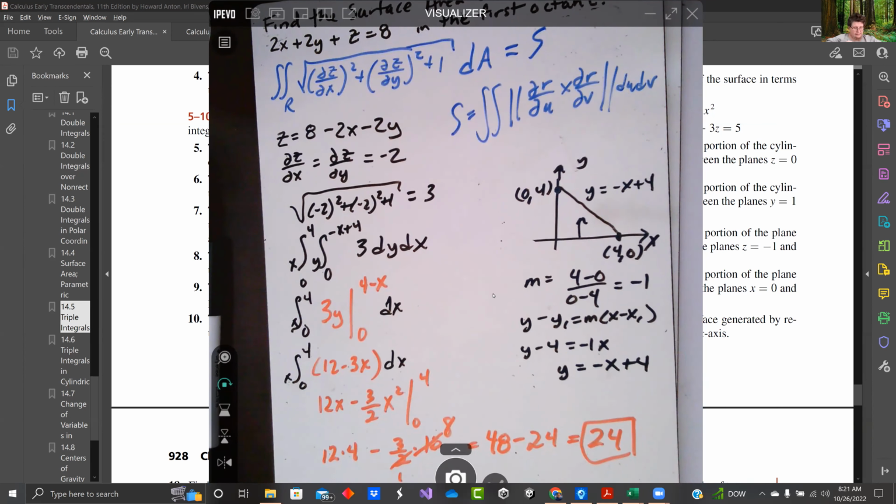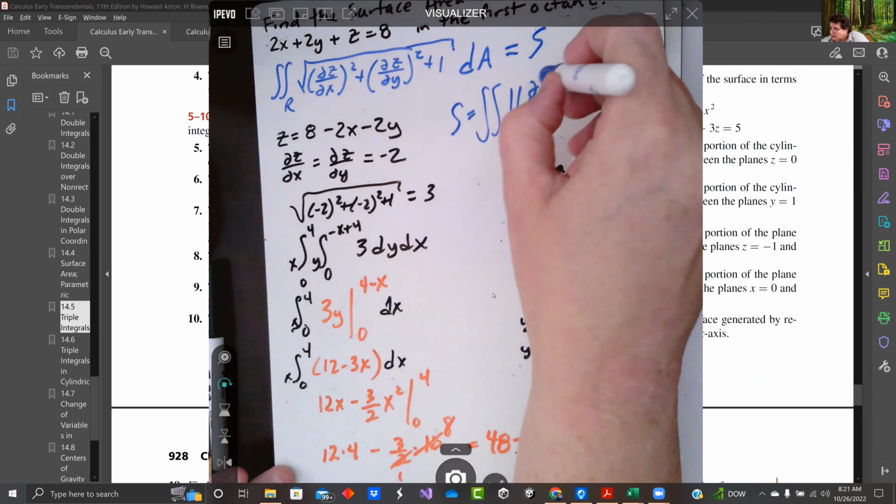Why are you writing stuff down? Oh, R is a vector.